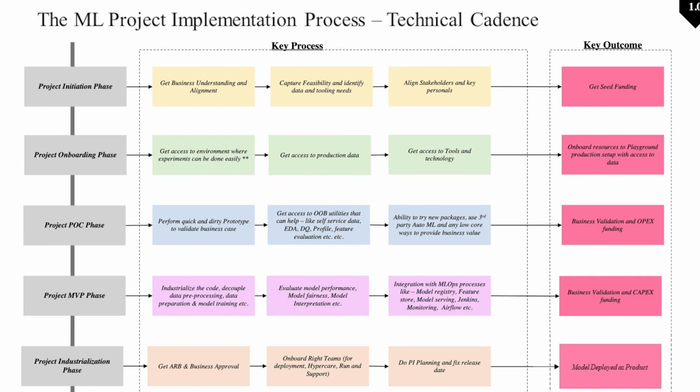So at this point of time, as a data science project, you hand over your project to a run and support team, and the run and support team now goes ahead, starts maintaining that model, and you go back and you solve another problem. So this is a technical cadence and a process I think works. It really simplifies and creates a lot of structure to how we should go about implementing an ML project.